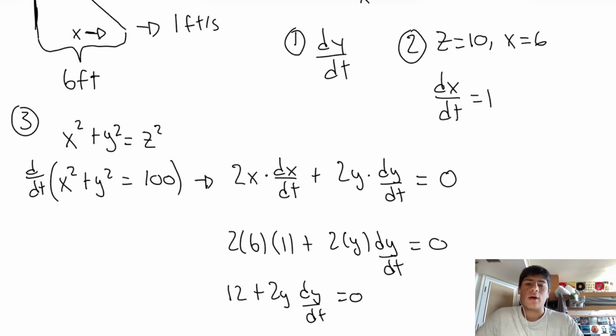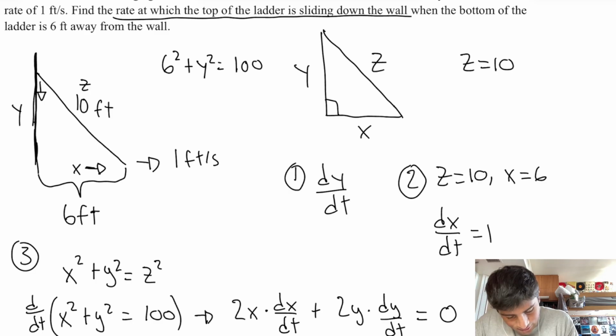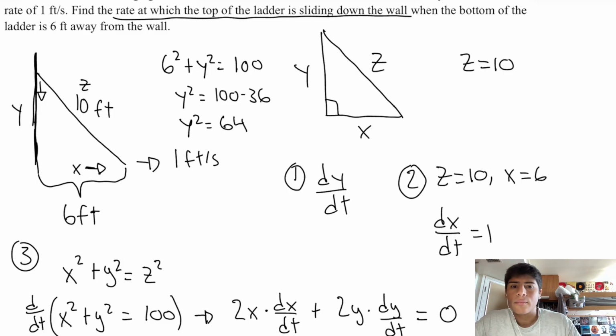So we want to figure out what y is now. And we can do that, again, using Pythagorean's theorem. So x is 6, 6 squared plus y squared equals 100, because z is 10 squared. y squared equals 100 minus 36. y squared equals, this is 64. And we know that y equals 8.